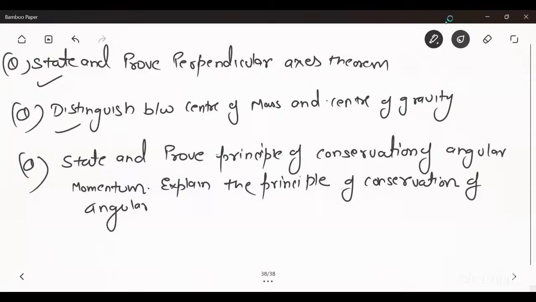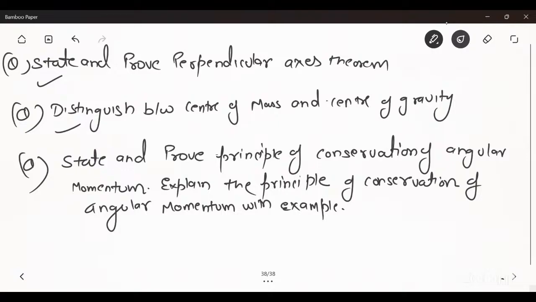So students, I have discussed the first part earlier, the proof of conservation of angular momentum, and the second part is the example of the principle of conservation of angular momentum.